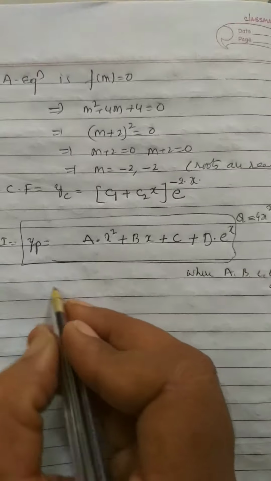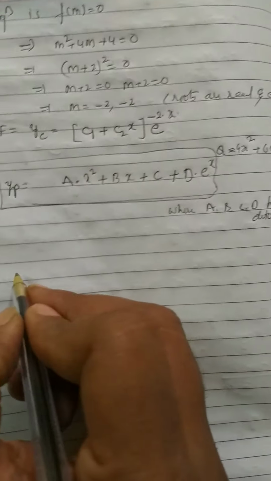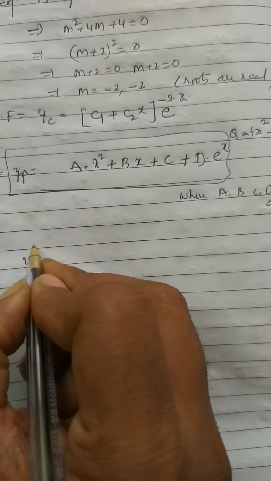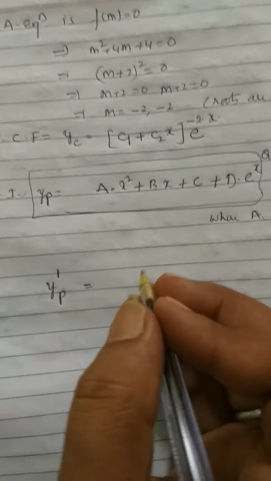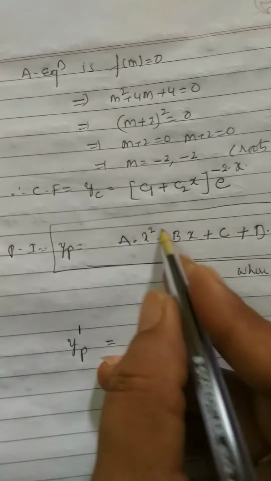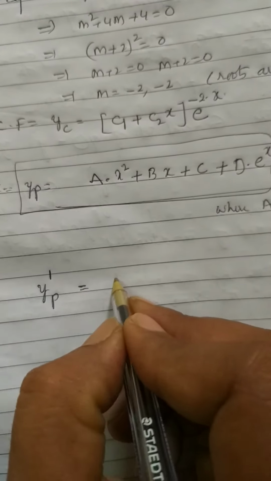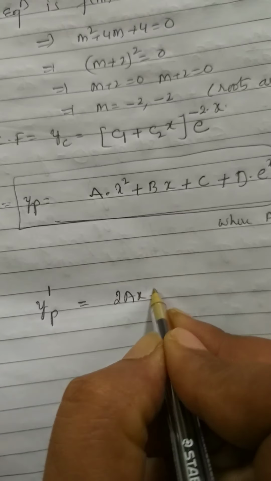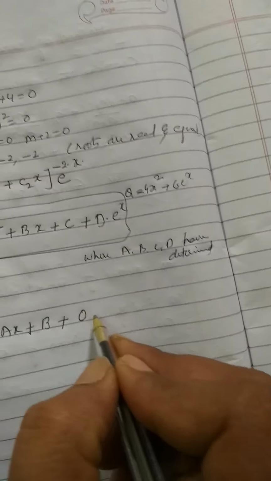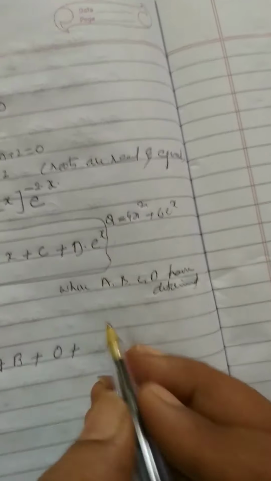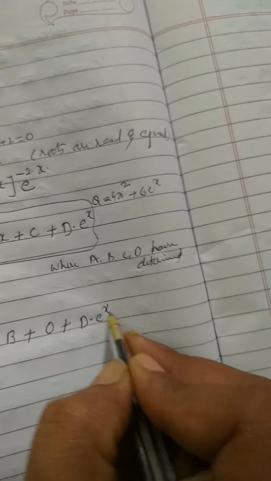Now how to find these constant unknowns? Simply differentiate this one, yp dash, with respect to x. Now what will you get here? Differentiation of this one is 2ax, plus differentiation of bx is b, differentiation of c is 0, plus differentiation of this one is d into e power x only, right?